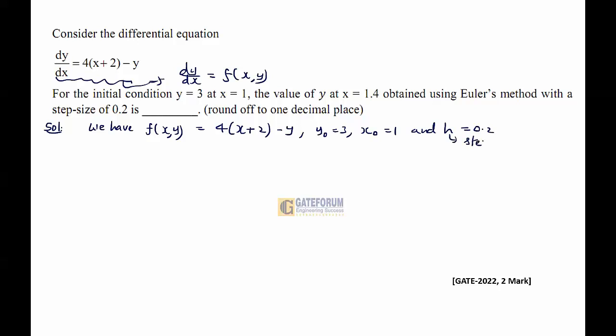This is the step size, and this is the initial condition.